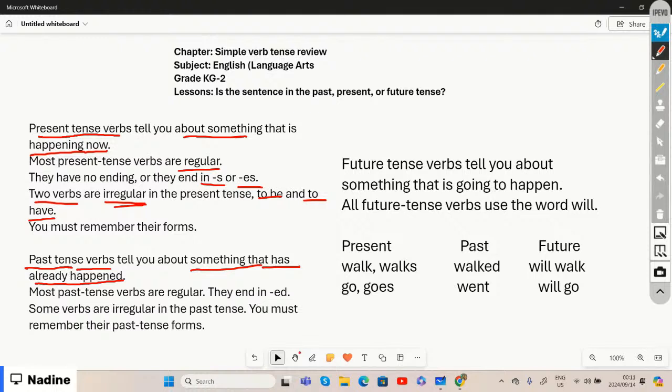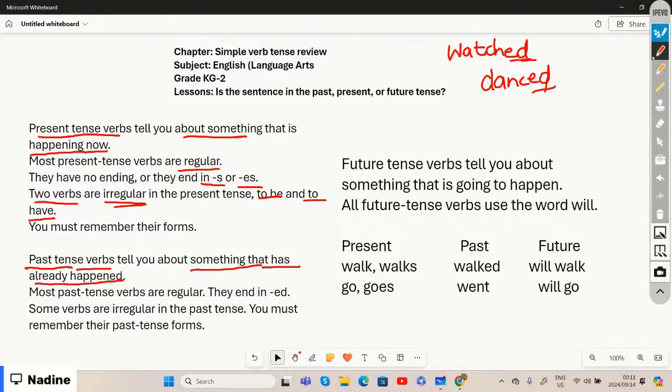When we talk about irregular, it means that there's no rule that it follows. Let's make an example of the past tense. If the past tense is regular, then we would say, for example, I watched or I danced.